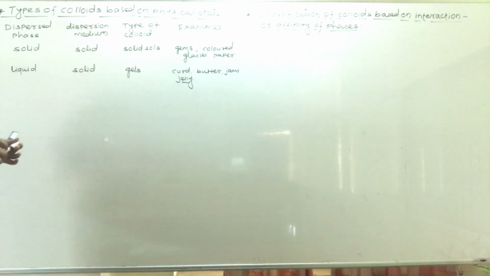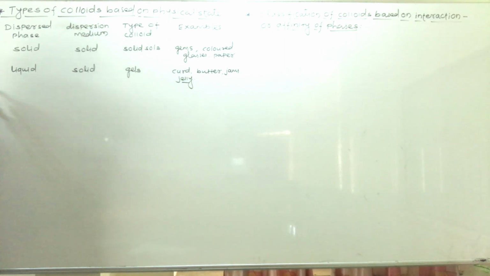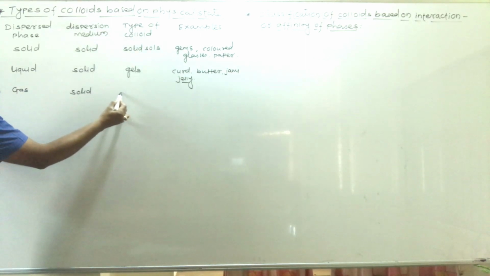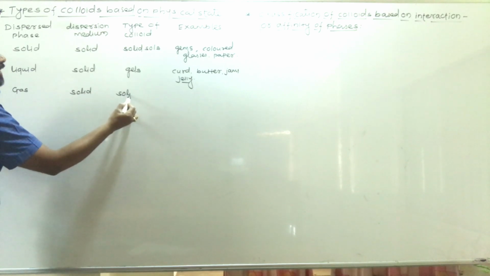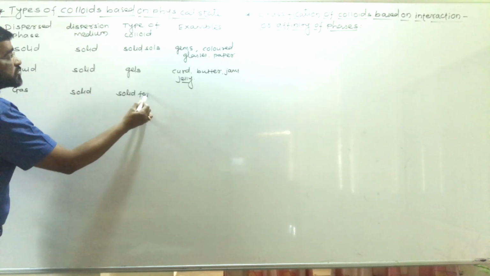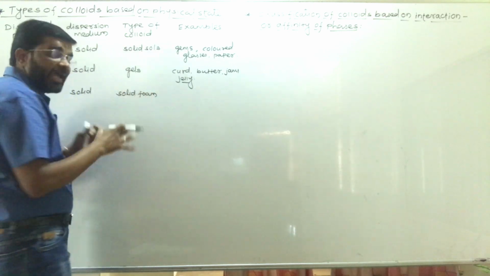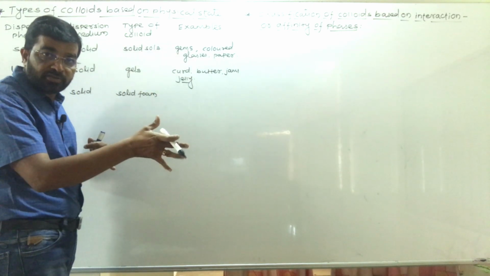Then see the third type of colloidal solution, that is gas in solid. This type of colloidal solutions are called solid foam. Gas is dispersed in solid.